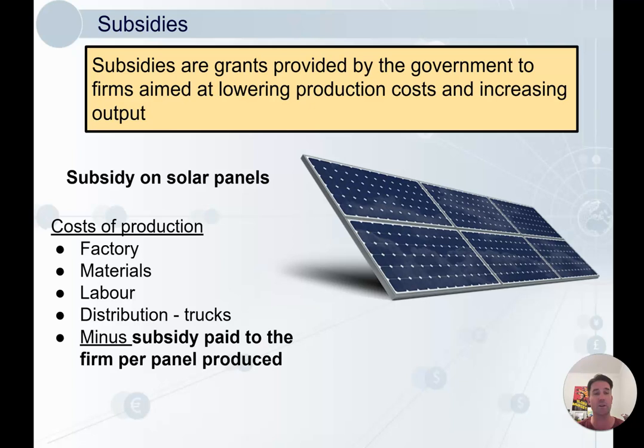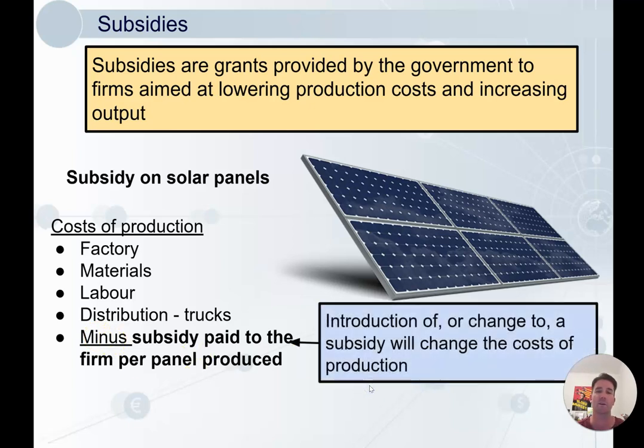So when they produce a solar panel, they give them an amount of money, so it reduces their costs of production. So the introduction of or change to a subsidy will change the costs of production. They will be more willing and able to sell because each unit will be more profitable than it was before, right? Because their costs of production are now less.